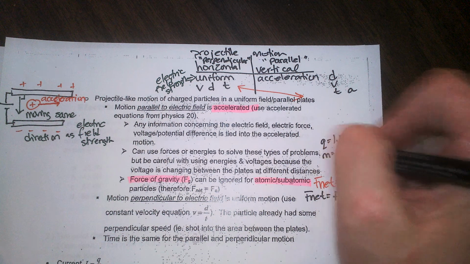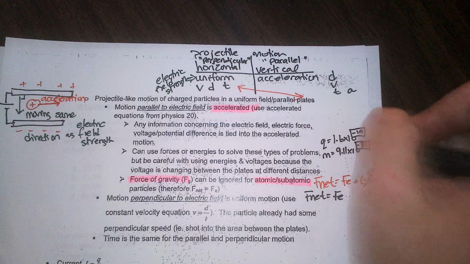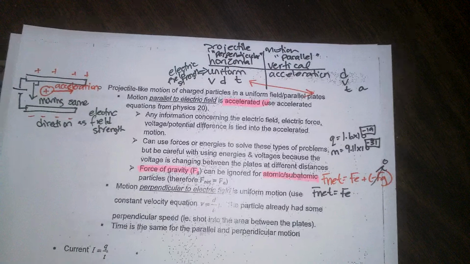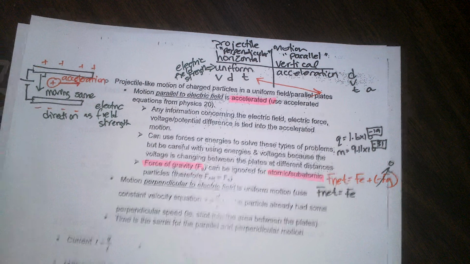We're looking at masses that are 9.11 times 10 to the negative 31, right? And force net is mass times acceleration. Anything multiplied by something times 10 to the negative 31, you're not going to see a change. It's just such an obscurely small number. So force of gravity doesn't really play into it. You've got 9.81 trying to attack like a speck. It just doesn't have an impact on it. It's a good question.